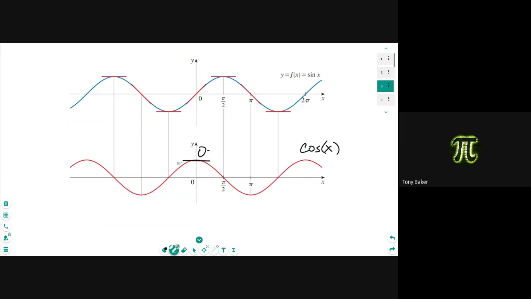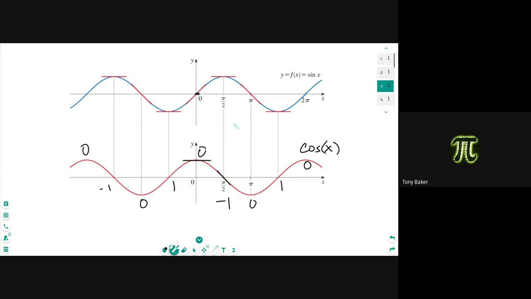So 0 there. What about here? -1. And then 0. All right. So if I was to graph that, what do you think that would look like? So I'm starting at 0, right?